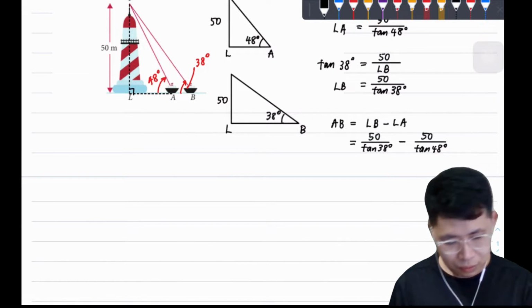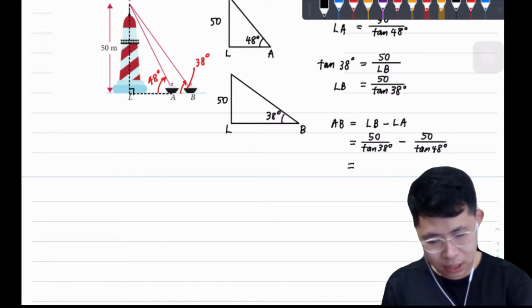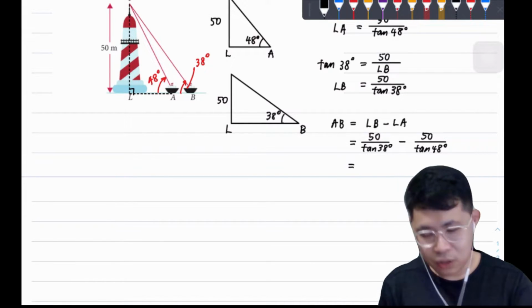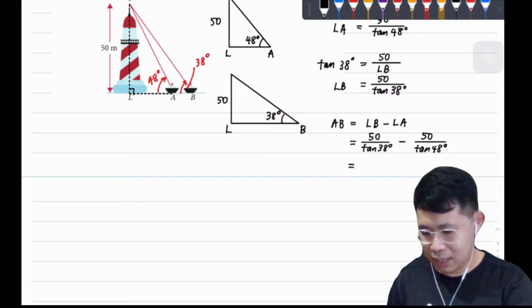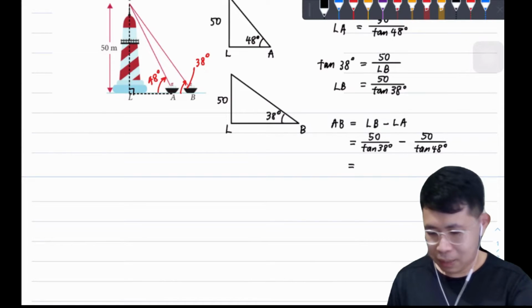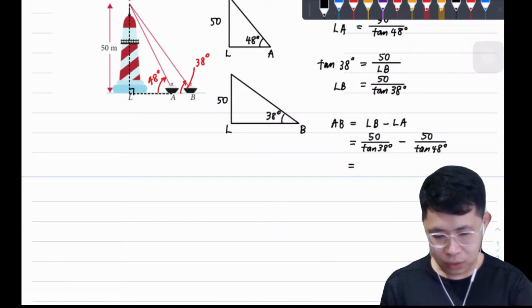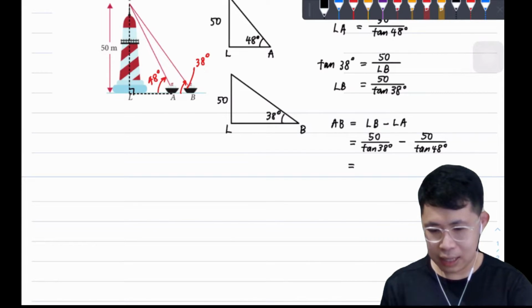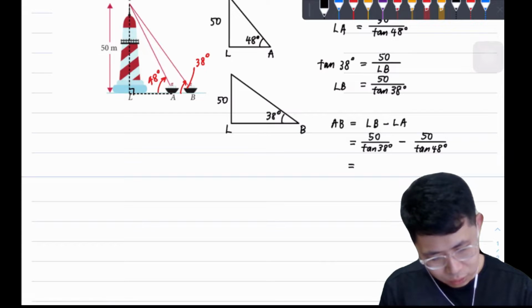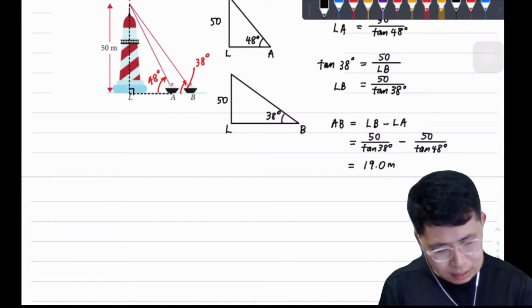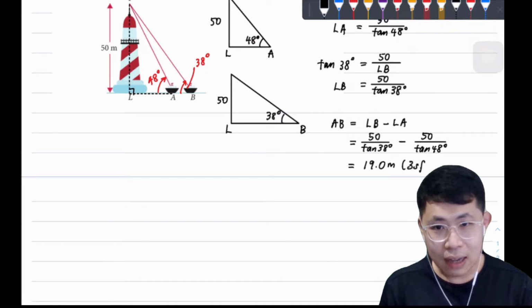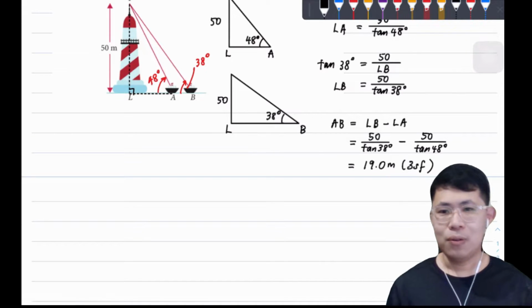With this we can make use of our calculators. So 50 over tangent 38 minus 50 over tangent 48, in 3 SF, is going to give me 19.0 meters.